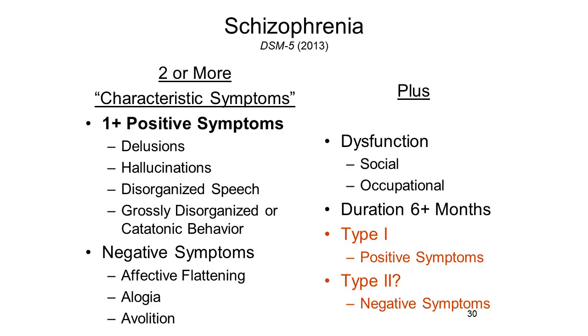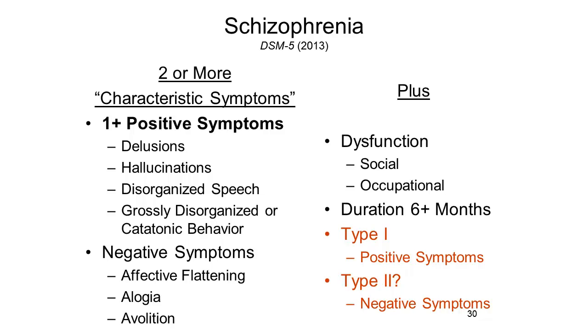So, for example, schizophrenia is diagnosed when the patient presents any two characteristic symptoms, so long as at least one is a positive symptom. Positive symptoms entail the presence of something that's normally absent, like hallucinations or delusions. Negative symptoms entail the absence of something that is normally present, such as appropriate emotional responses. These symptoms must have been active for at least 6 months, and they must cause dysfunction in either the social or occupational spheres of living.